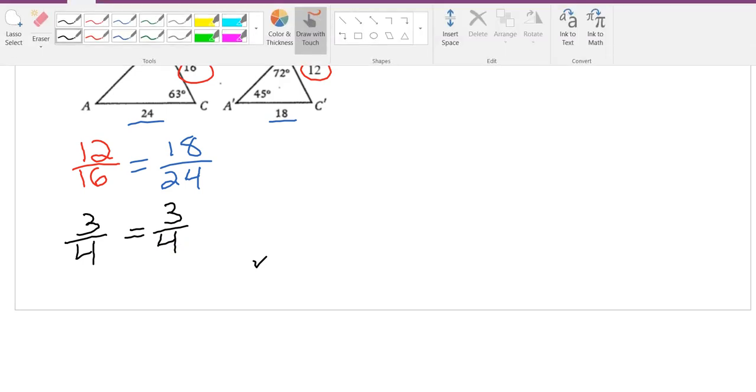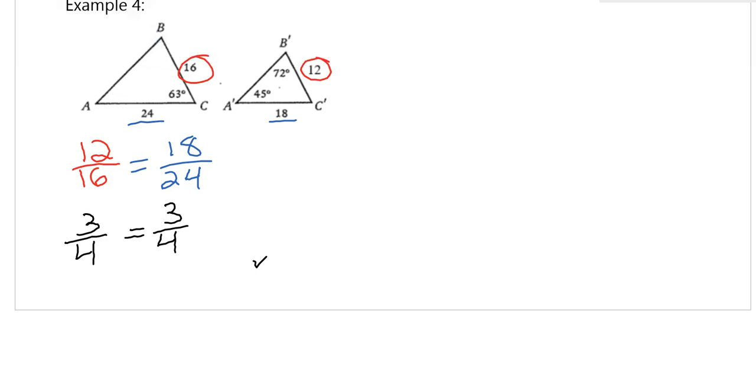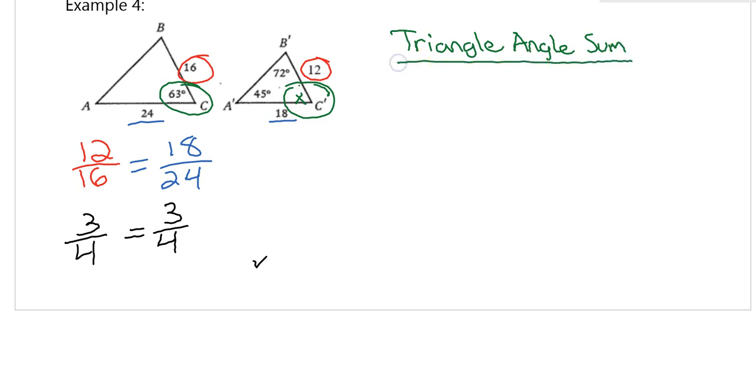Now I need to know about my angles. I need to check my angles. I have a 63 right between them. I have a 63-degree angle here. I don't know the angle here, but I know the other two. So I'm going to use the triangle angle sum theorem to see if they are congruent.